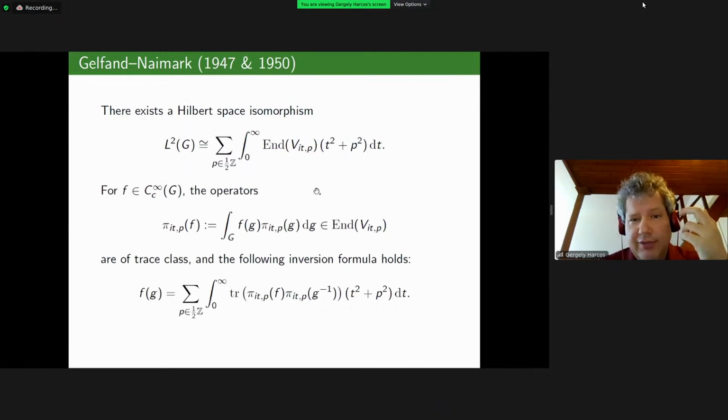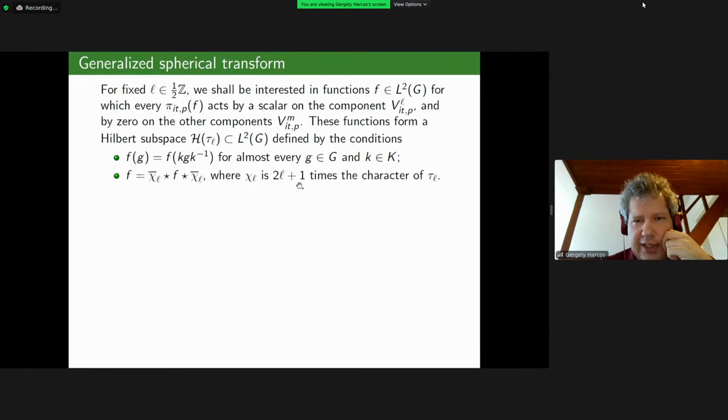And one can identify easily what these functions correspond to on the left-hand side. They form a Hilbert subspace defined by these two conditions.